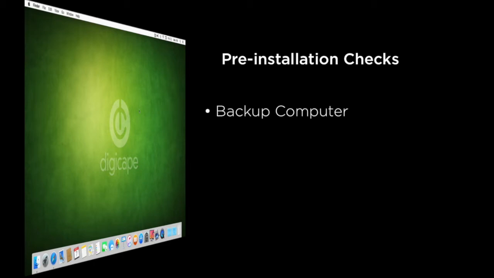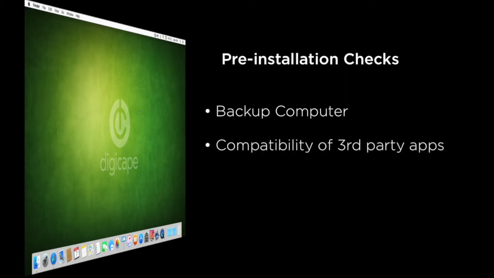Now, if you have not installed El Capitan as yet, it is highly advised that you first make a backup of your computer before the installation. Also, check the compatibility of any third-party applications on your current operating system. This you can do by going into the vendor's websites.